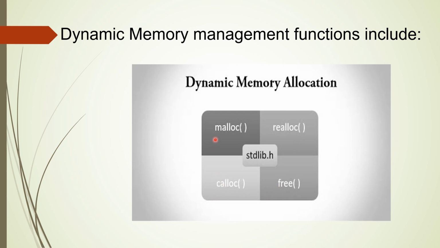Since these are built-in functions, they are defined inside the header file stdlib.h, or sometimes these functions may also be available in the header file alloc.h. These are the four functions to handle dynamic memory allocation in the C programming language: malloc, calloc, realloc and free.